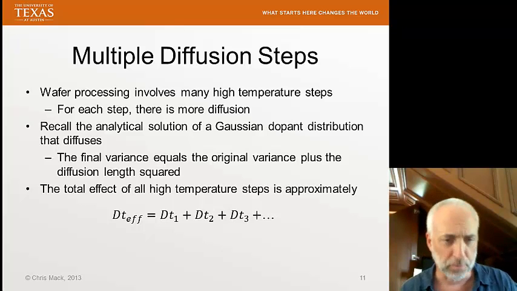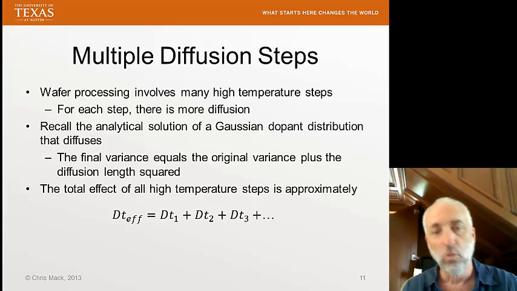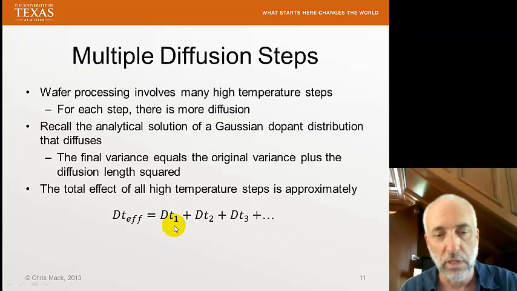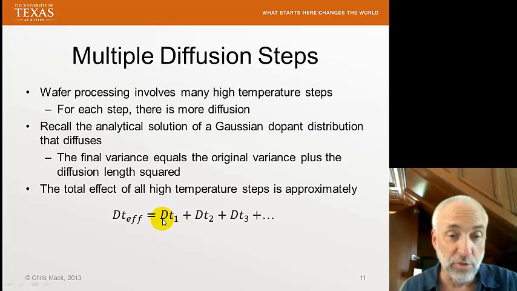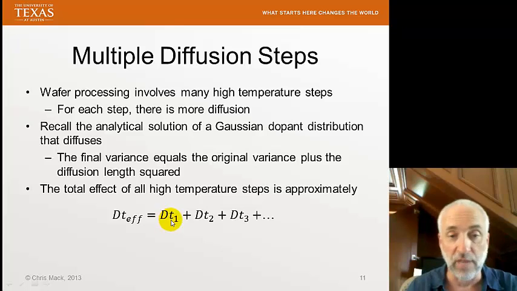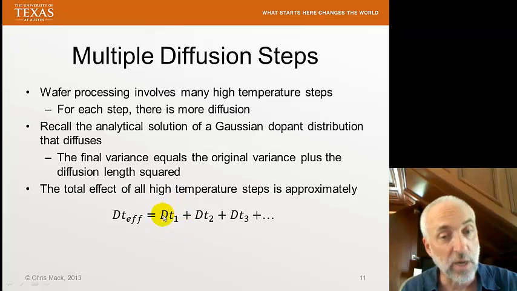But we're going to use this idea to approximate the total effect of all the high temperature steps. For any high temperature step, we're going to have a diffusivity of the dopant and a time that diffusion occurs. So D is temperature dependent, and t is the time of that step. The square root of D times t is the diffusion length, so Dt is the diffusion length squared.